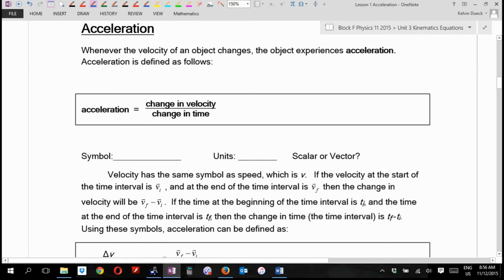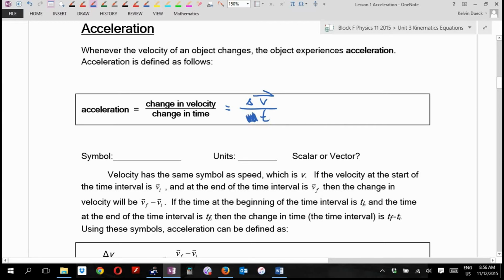So whenever the velocity of an object changes, the object experiences acceleration. In fact, you'll see acceleration defined as a change in velocity over a change in time. Do we have a symbol for change in? Okay, so you'll often see it written like this. Except time is always a change in, so you're going to see often we won't bother putting the delta there.